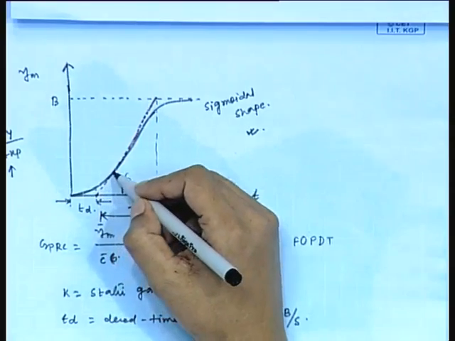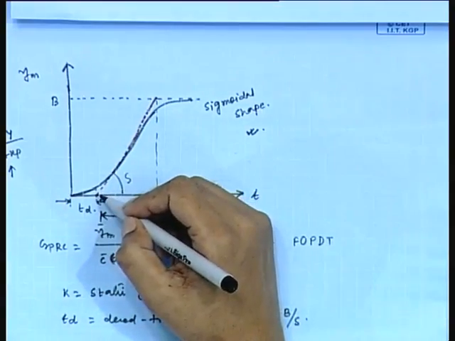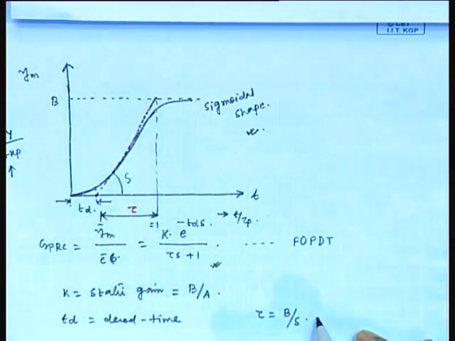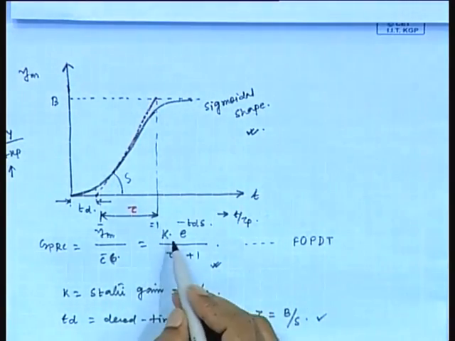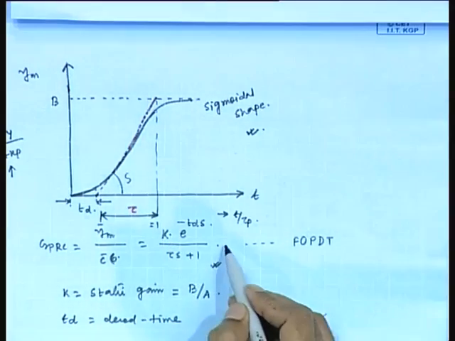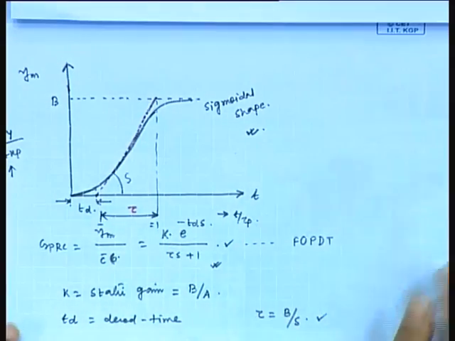If S is the slope of this tangent starting from t equals 0, then we can write tau equals B by S. Fine. So, this way we can determine all the parameters involved in this expression.